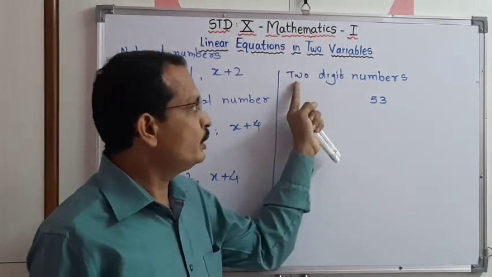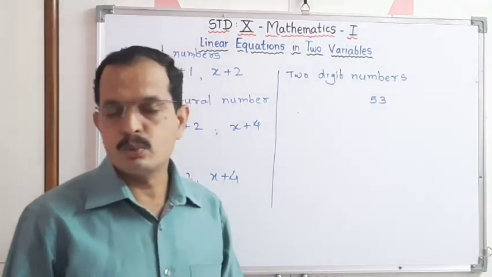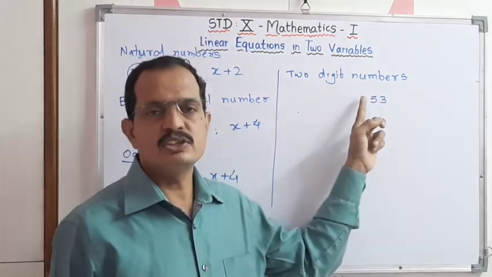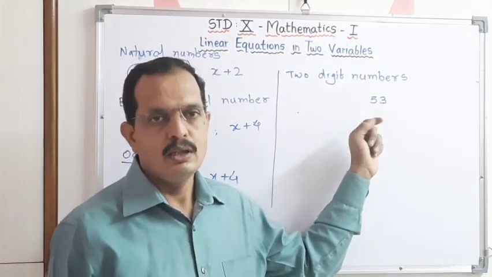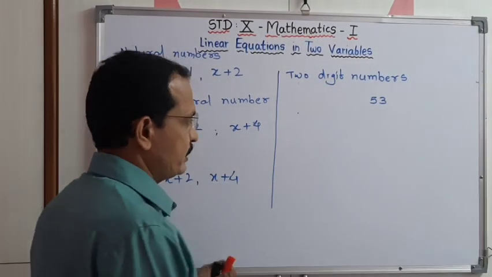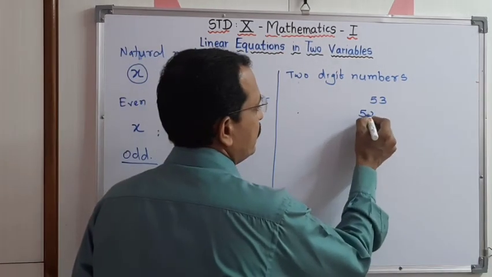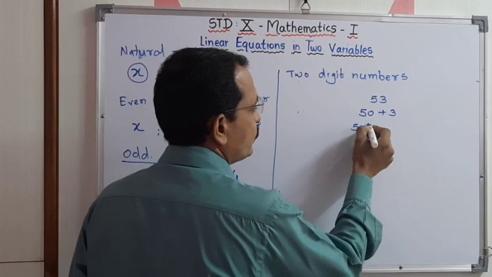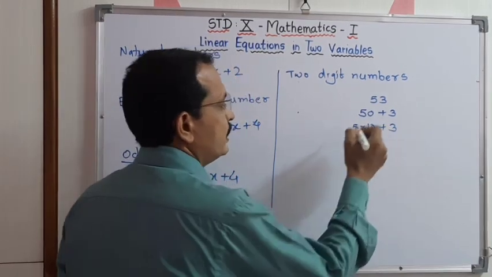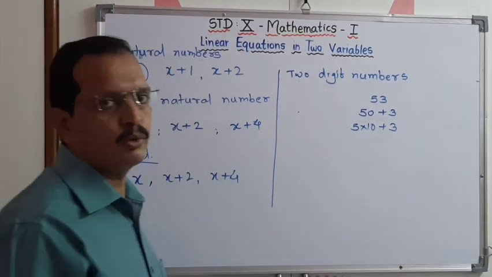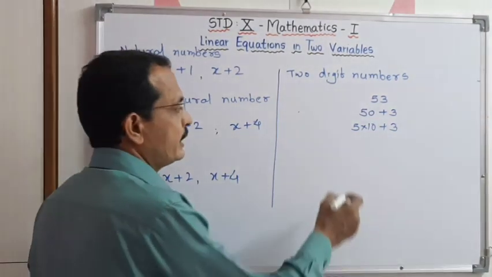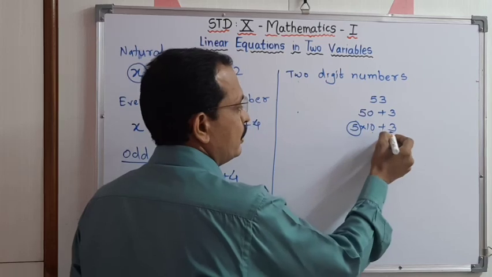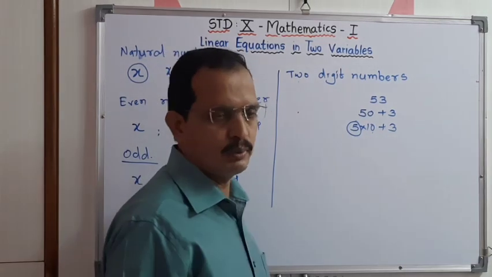Now how is this 53 made? It is 50 plus 3. That 50 means 5 into 10, plus 3. Therefore, if we have to find a 2-digit number, it is the digit at the tens place into 10 plus the digit at the unit place.